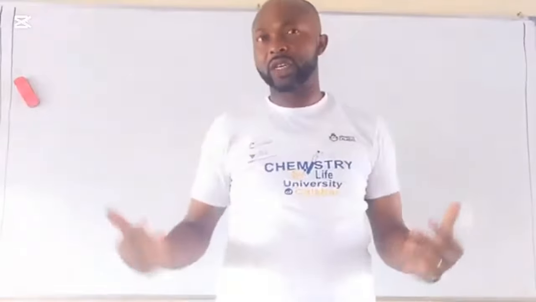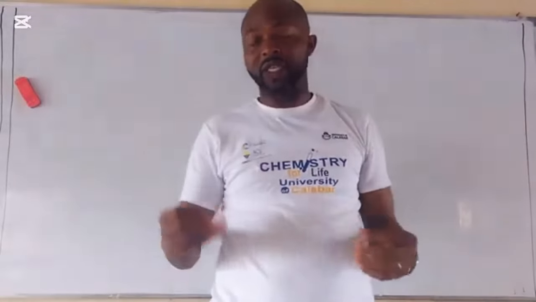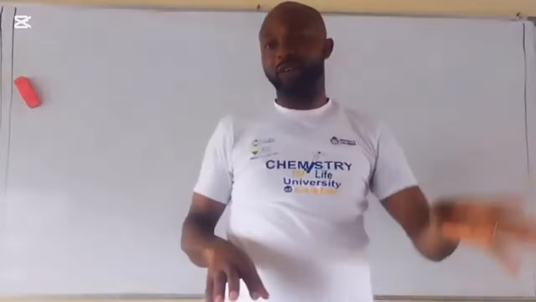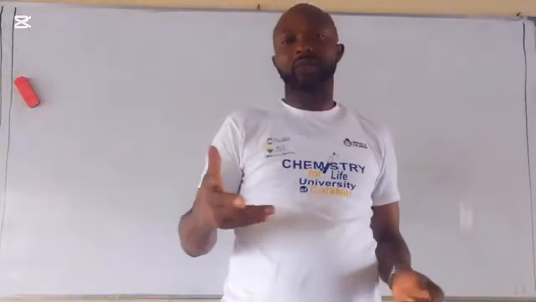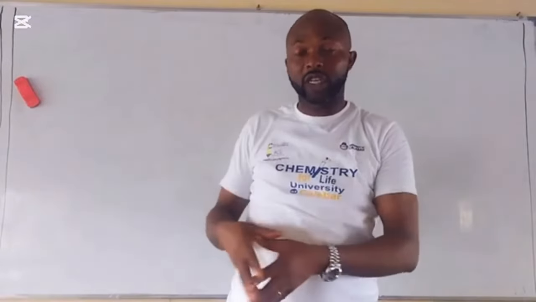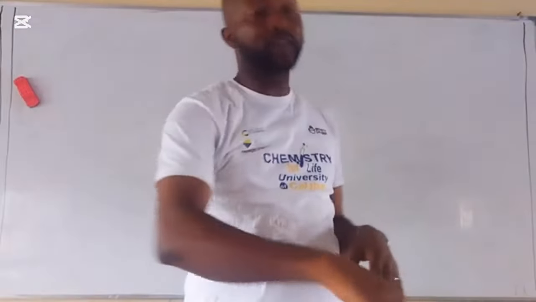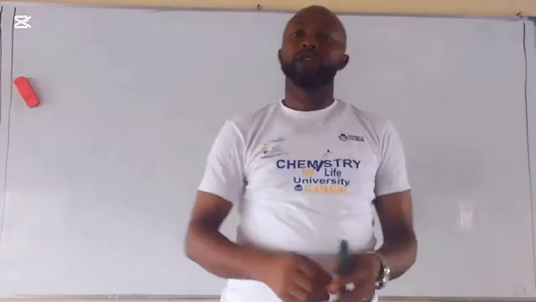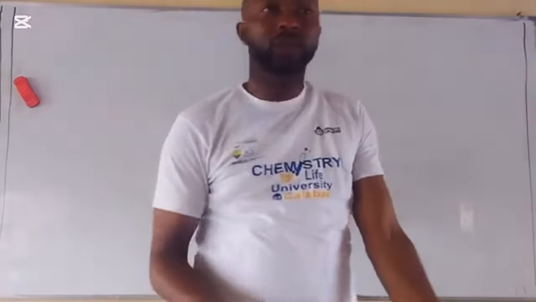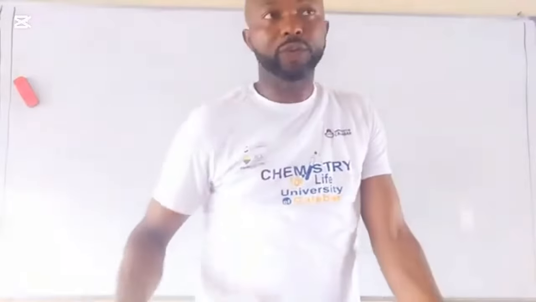But within a short time, somebody at the other end of the room will be able to perceive it, which is the movement of that perfume from a denser region to a less dense region, until it is spread throughout the room. So we're going to check out the calculation or the formula principle of diffusion, which Graham put forward.